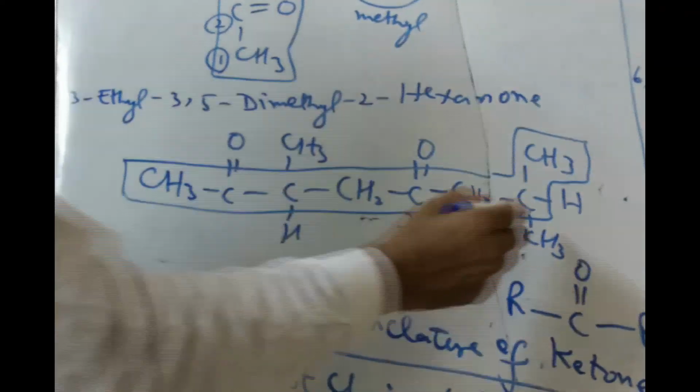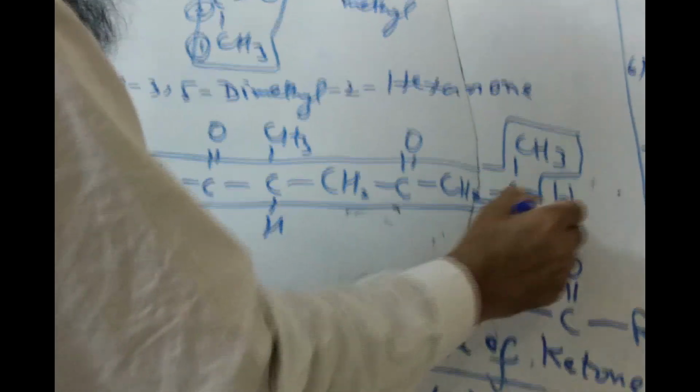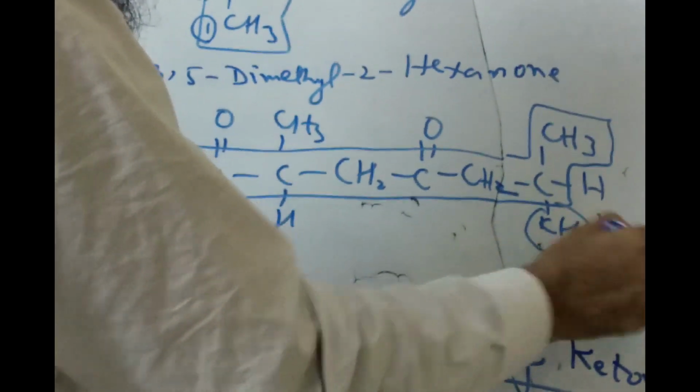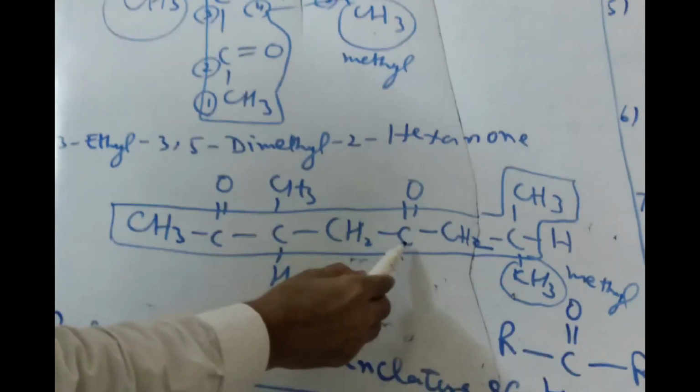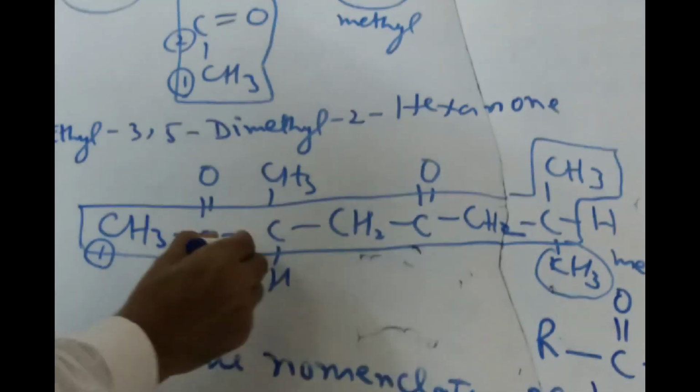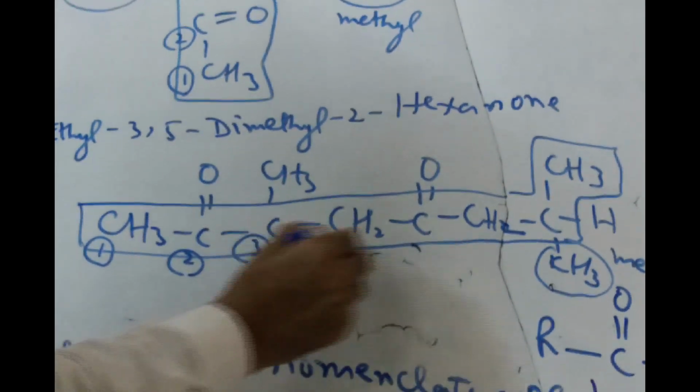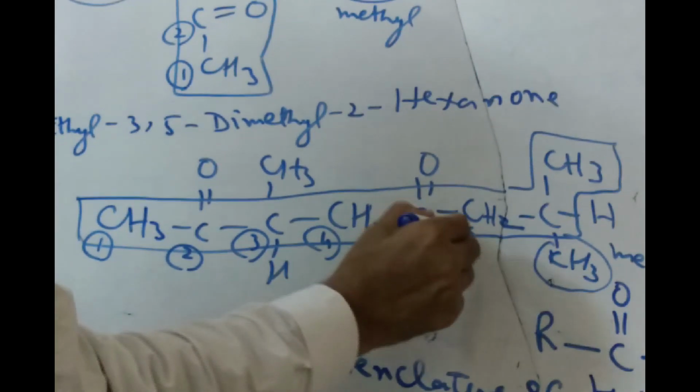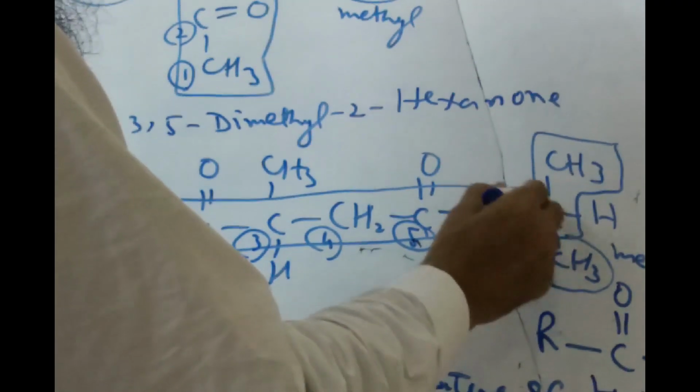Now, this is the methyl group. If we give the numbering from this side, 1, 2, 3, and 4. But from the left, 1 2, so numbering should be started from this side because it is the lowest position. 1 2 3 4 5 6 7, and this is the 8.